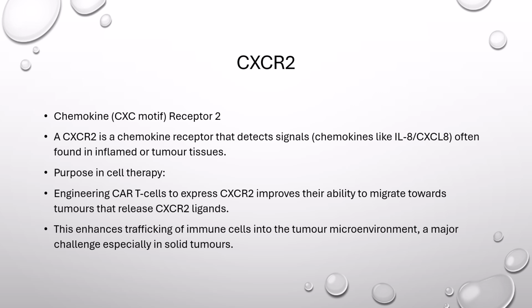So these T cells, not the CAR T cells, but the overall product, has been engineered to express this receptor, and it improves their ability to migrate towards the tumors that release this CXCR2 ligand. So basically, the second option is to get the T cells to find the tumor, because the tumor microenvironment tends to make itself invisible.